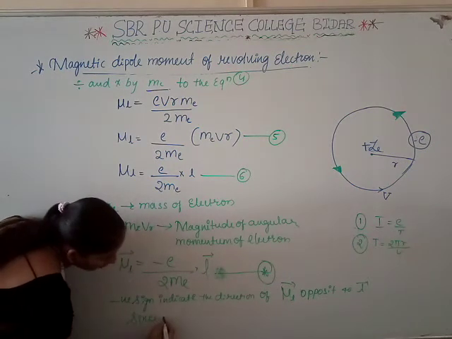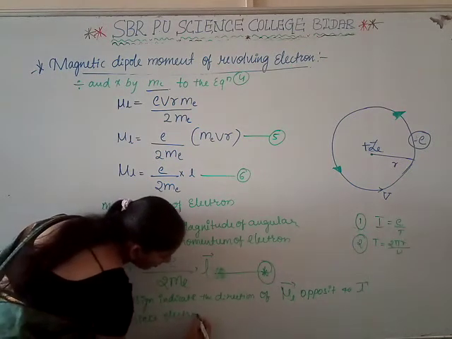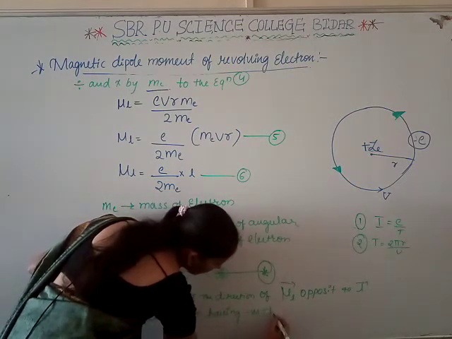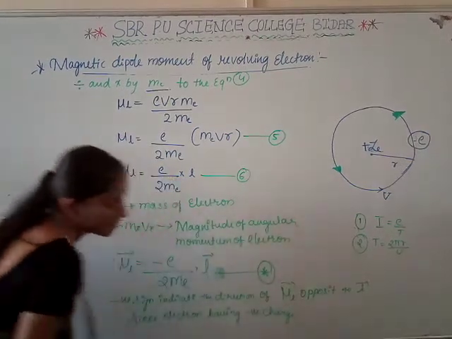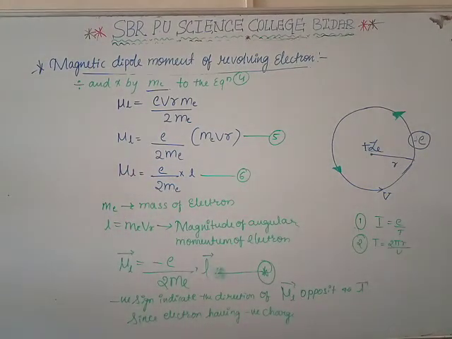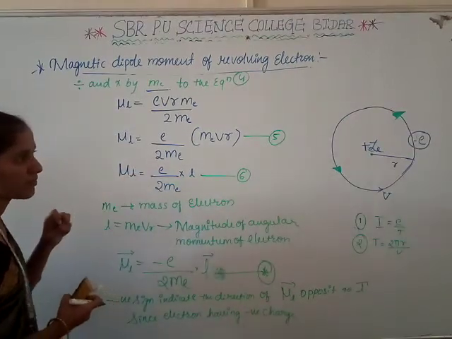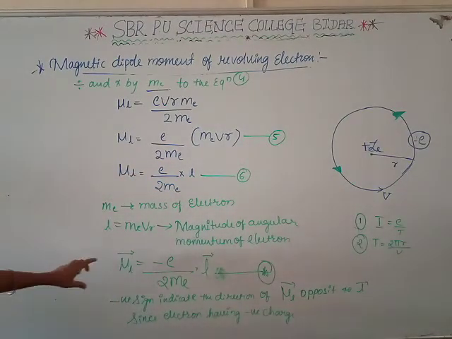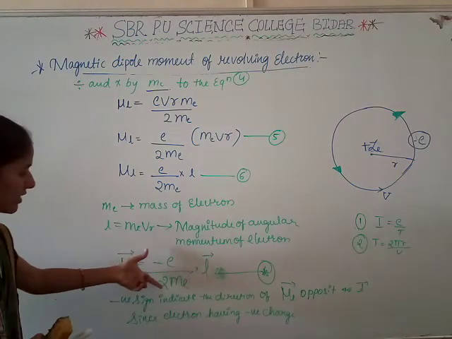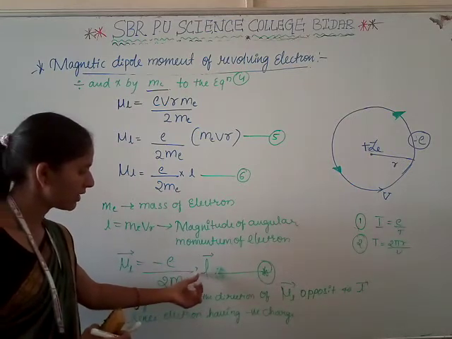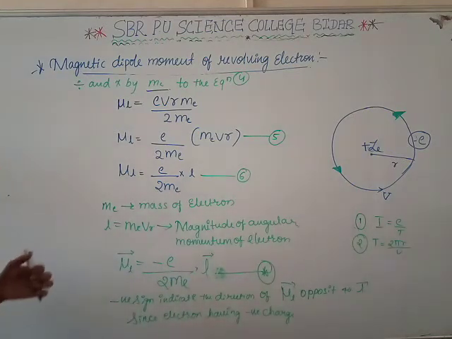Since the electron has a negative charge. If it were positive, we would have a positive charge here. Now in vector form we get the magnetic dipole moment vector μL is equal to minus e divided by 2me into vector L.